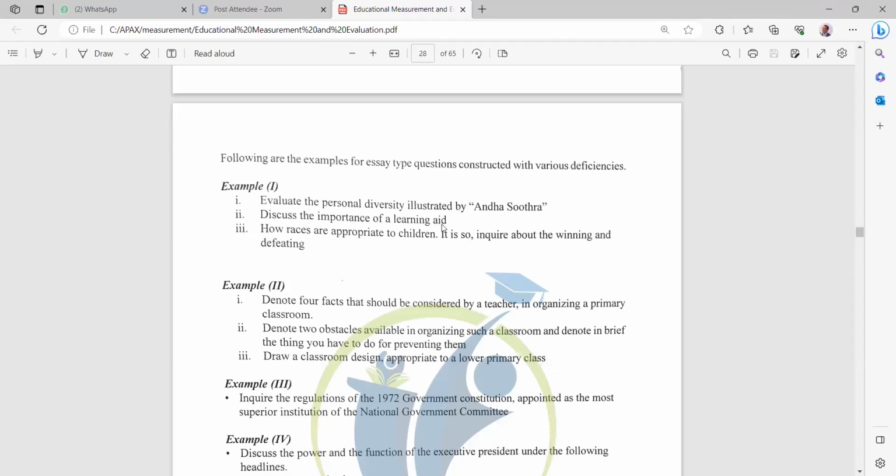All right, any questions? Excuse me, sir. Yes, go ahead. Sir, when we are creating a question for mathematics in essay types, can we create such a question for mathematics? I'm thinking we can create a structured one. A structured essay. Yes, true. There's no possibility of preparing an essay type question for mathematics.